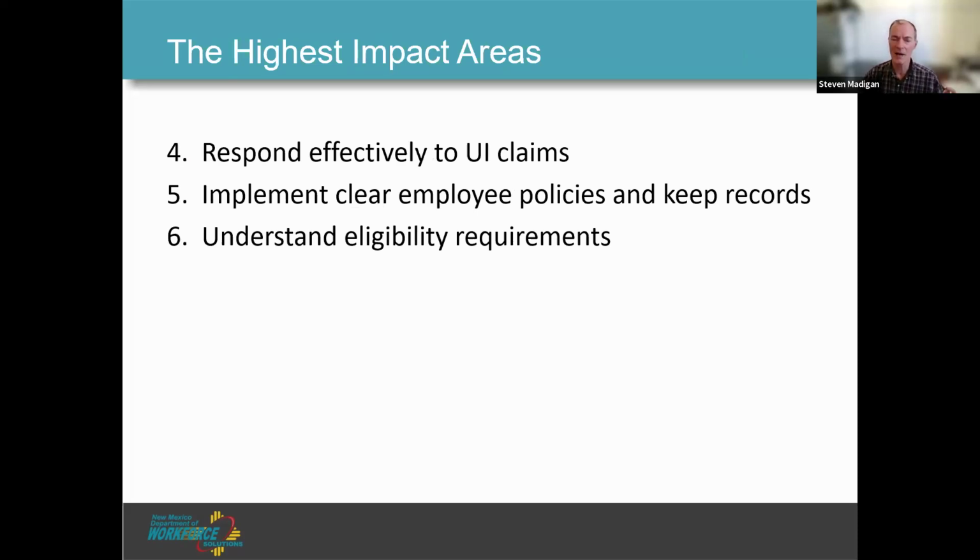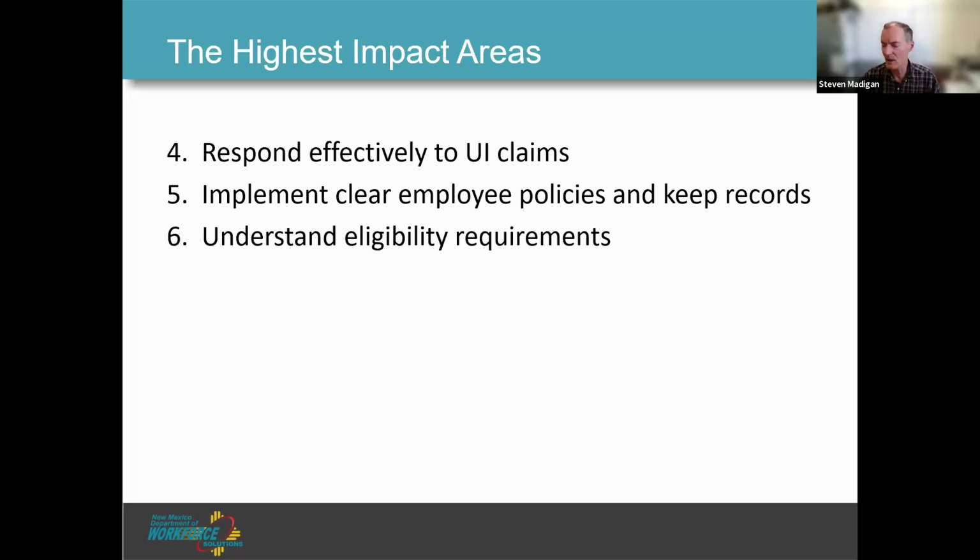Right, these next three areas, as it's labeled here, are the highest impact areas, and this is where we're going to spend a big part of our time. So this is in responding to the unemployment insurance claims. There's paperwork that's sent out every time a claim is filed. You're having clear employee policies and then maintaining records, which you can then provide to us as part of our investigation to determine whether or not the individual is out of work due to no fault of their own.